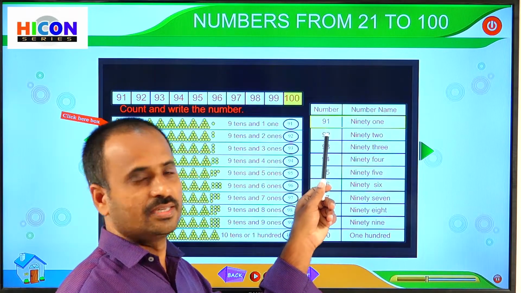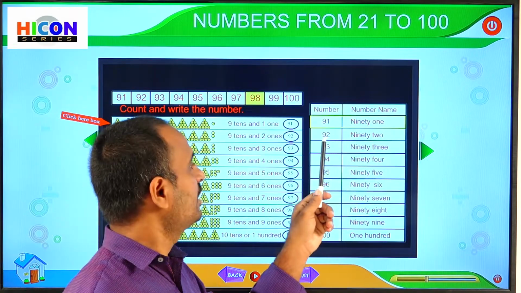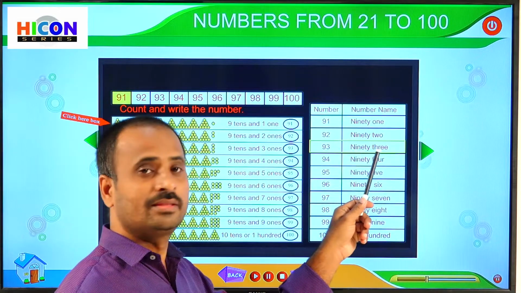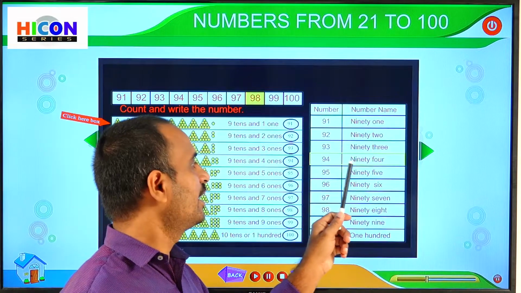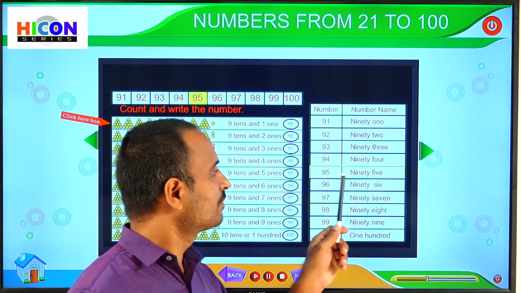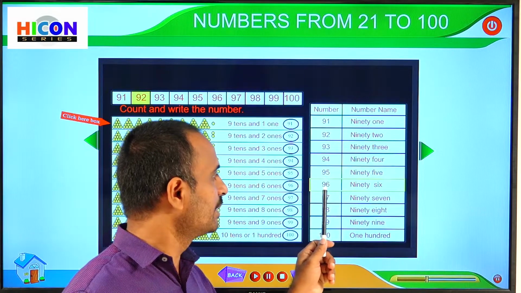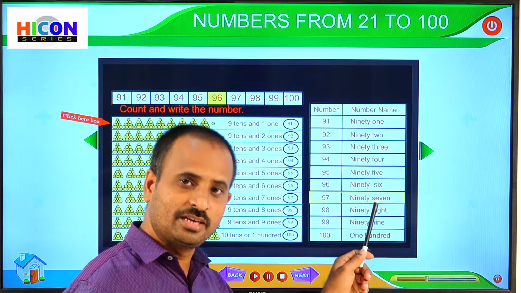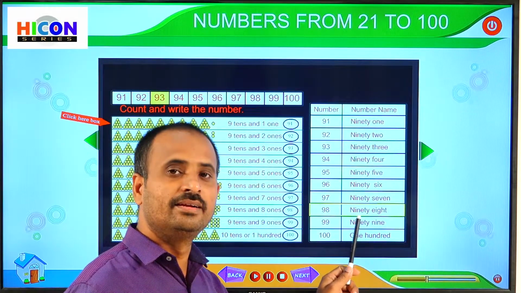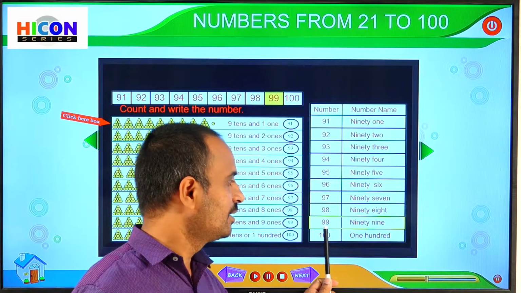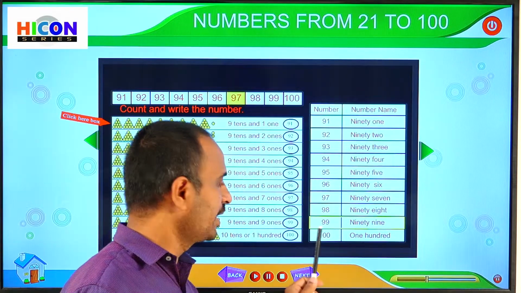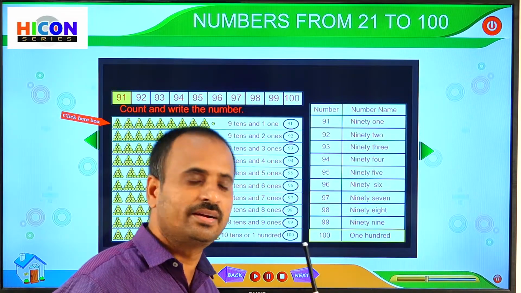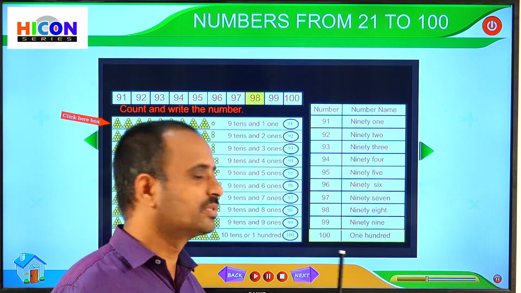The first number is 91 and the next number is 92 and this number is 93 and this number is 94 and this number is 95 and this number is 96 and this number is 97 and this number is 98 and this number is 99 and this number can be read as 100. So how many zeros are there in 100? There will be 2 zeros in 100.